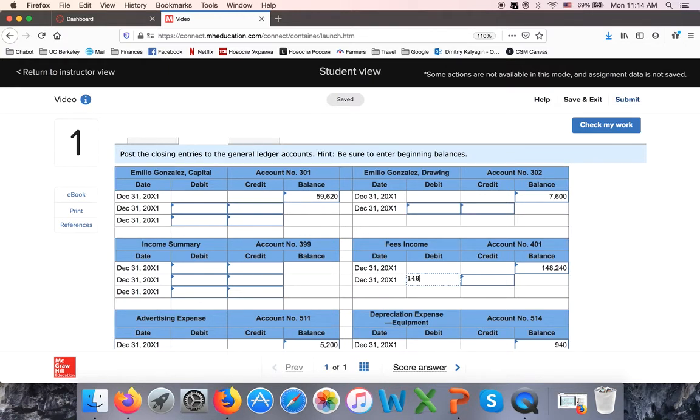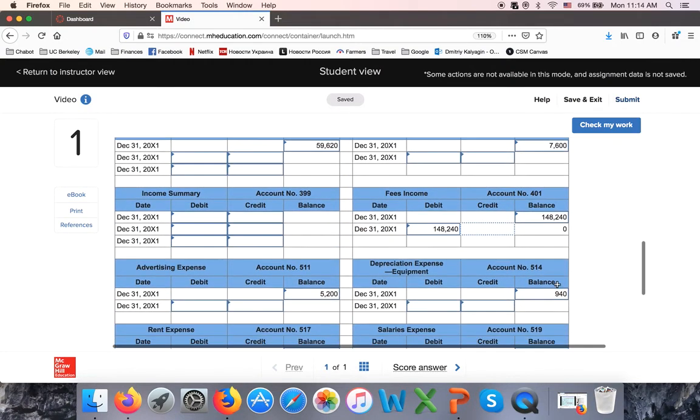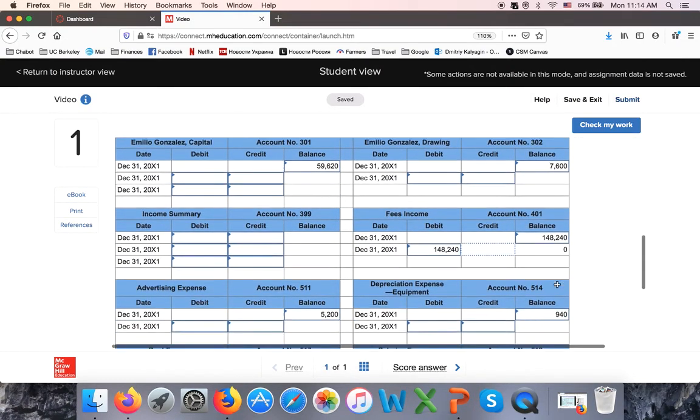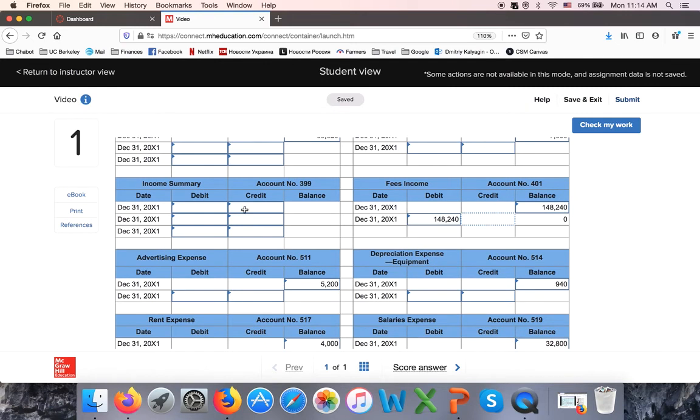It had a credit balance before, so now my balance becomes 148,240. 0. And guys, income summary did not have anything. So right now, with the first entry, we credited income summary by 148,240. Ta-da! And that's the new balance.